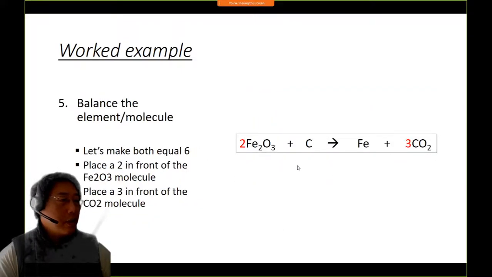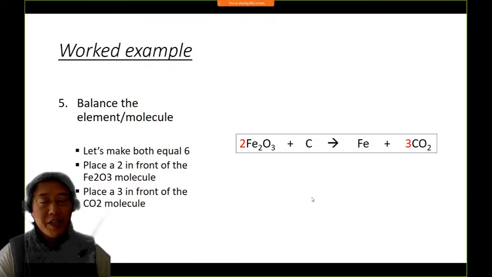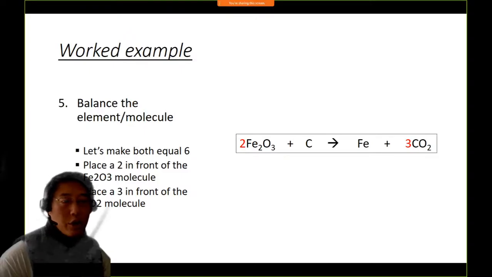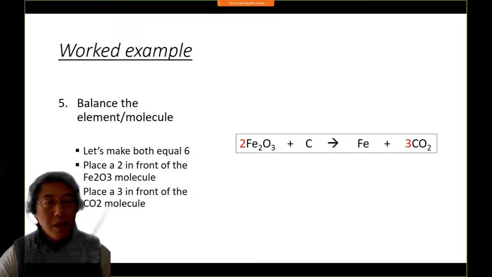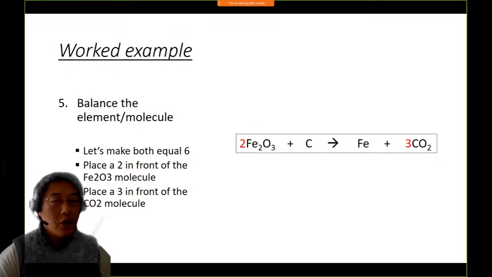So by doing this, you need to have a 2 on the left and a 3 on the right. And now you need to recalculate your reactants and products. You have your iron, which is Fe, you have your oxygen, which is O, and you have your carbon.